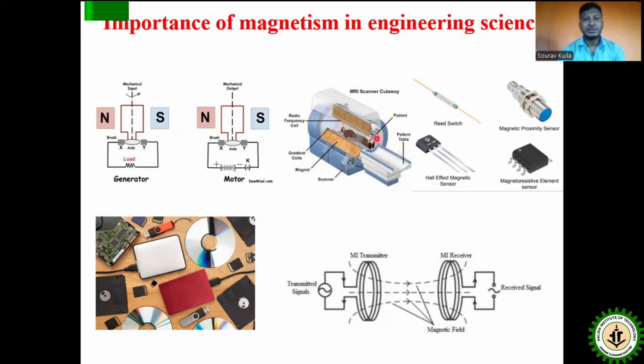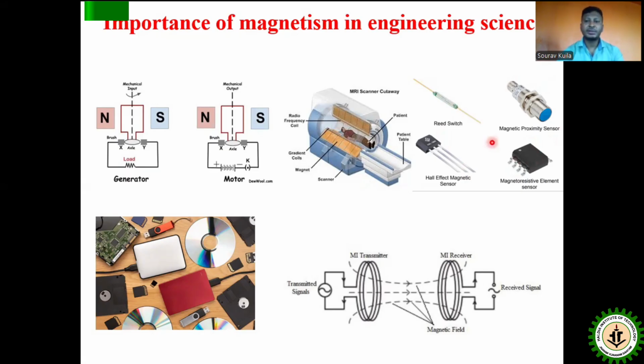In another image, there is an image of an MRI, which is used in biomedical applications. In MRI, a very high magnetic field is usually used to scan the human body. And here are the images of different kinds of sensors: magnetic sensor, motion sensor, position sensor.